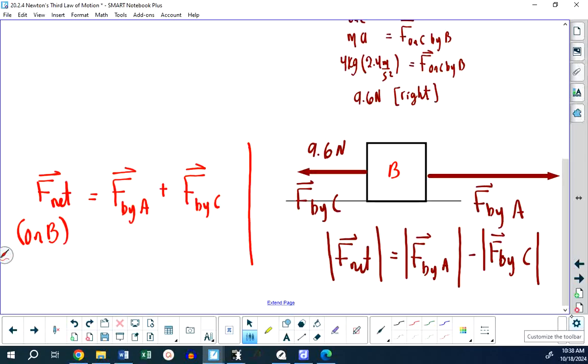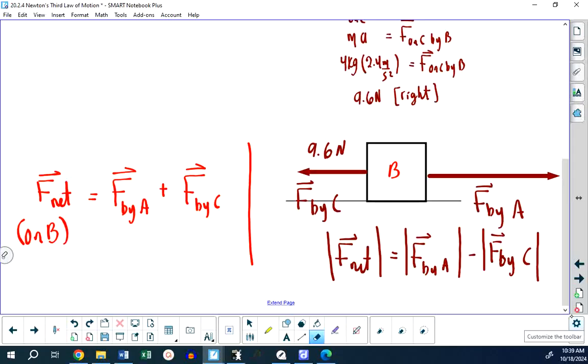This on the left is true. It is true. The net force is found by adding the forces together. But since they're in opposite directions, it's found by subtracting the magnitudes. And I always want us, for the rest of this unit, when we analyze free body diagrams, to do this. To say the net force is the bigger force minus the opposing force in the other direction. Both of these things are true, but I think it's better to write this.